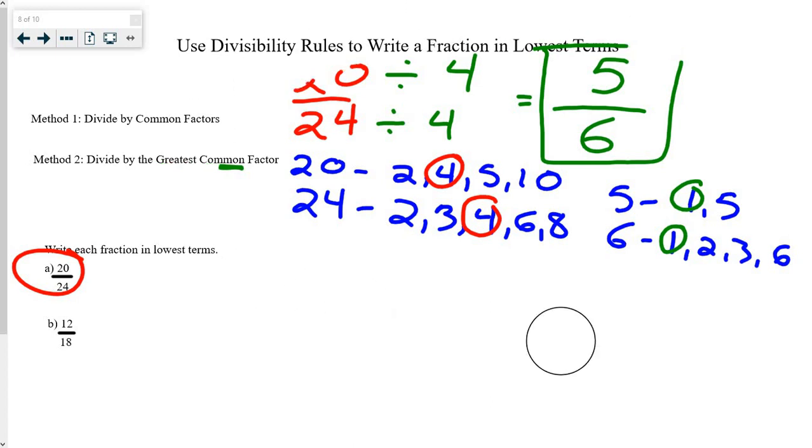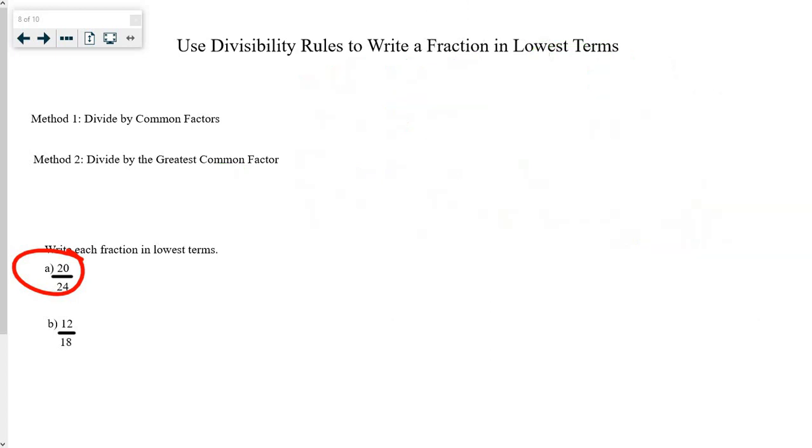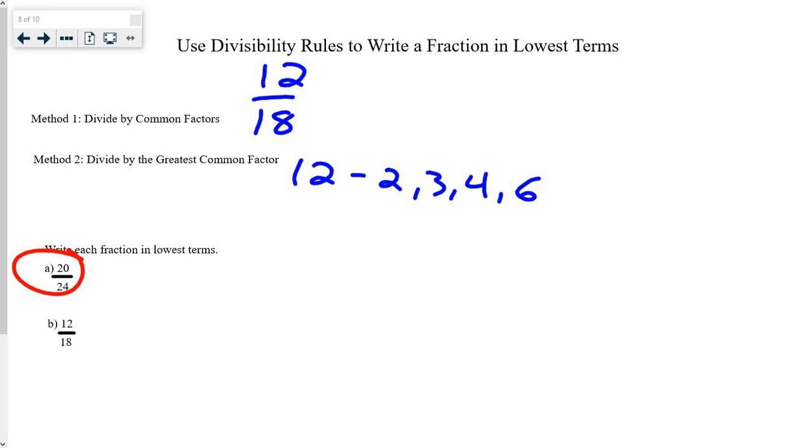For the second part, and I encourage you to do this right now, pause it and try to do it yourself, I'll do 12 and 18. So 12 over 18. The factors of 12 are 2, 3, 4, 6.